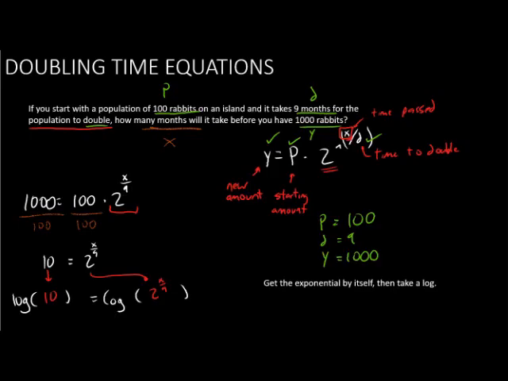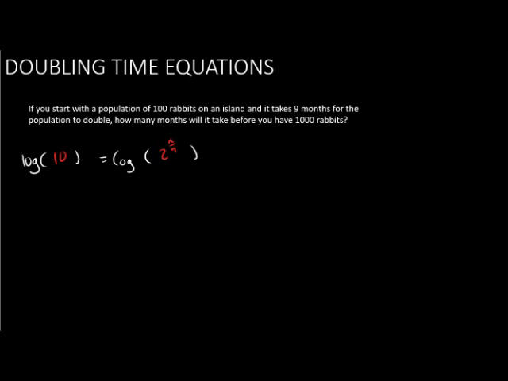Now we'll simplify these logs. On the left, we have log of 10. Now remember that a log with no base written automatically has a base of 10. If it helps, you can write the invisible 10 down here under the log.